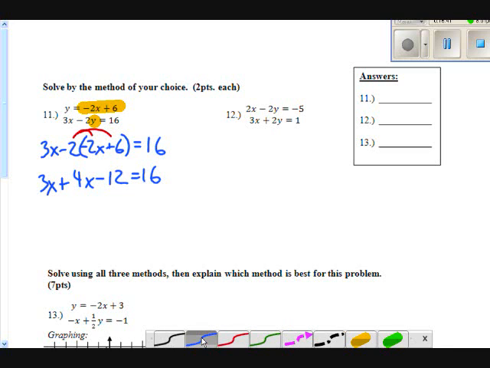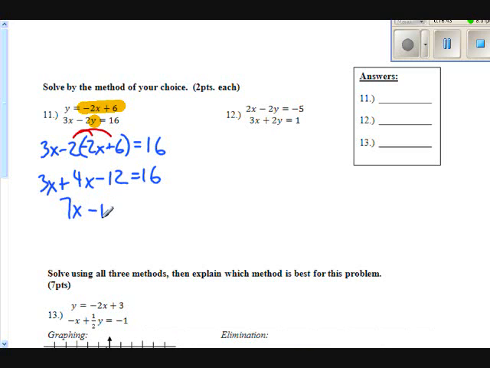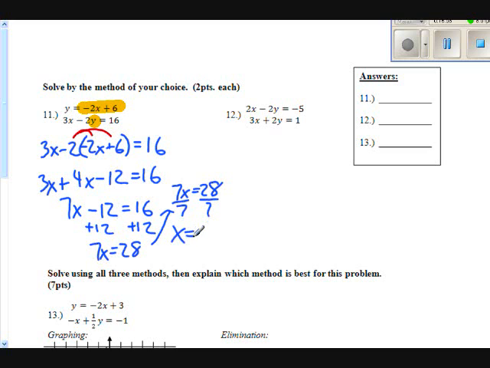So when I add those together, that's going to be 7x. So I have 7x minus 12 equals 16. I've got to add the 12 to each side, so I find out that 7x equals 28. I've got to divide each side by 7, so x equals 4. But I'm not done yet. I've got to plug that back in.